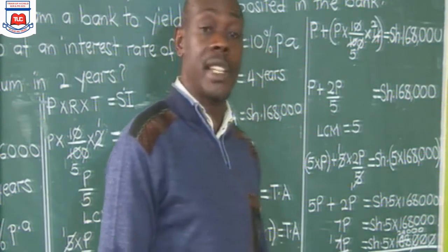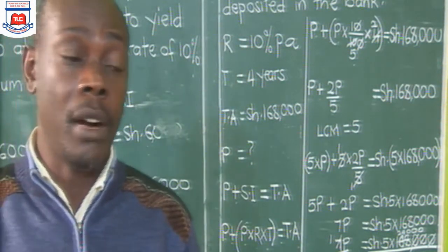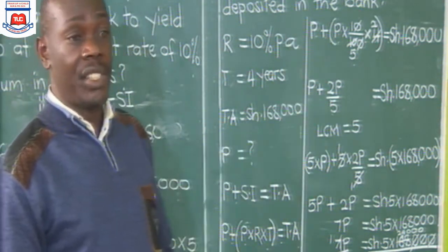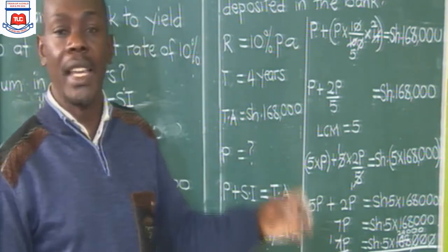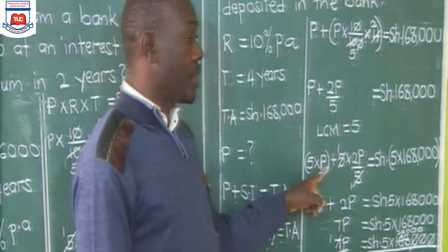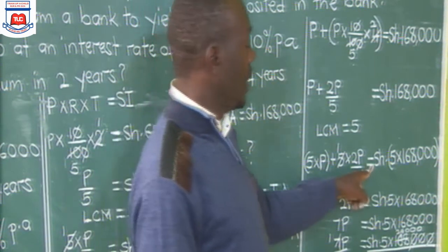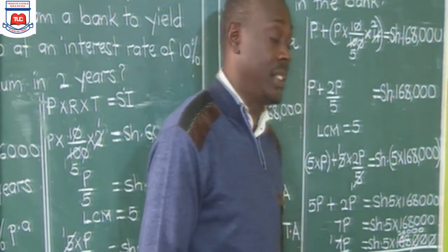So don't multiply both sides like you always say. We multiply both sides as if every side shall have the same number of parties, 2. This time there are 3, so let each party share the lowest common multiple. So multiply commonly by all the parties. Hence, we say 5 times P plus 5 times 2P out of 5 equals 5 times the last party, 168,000 shillings.